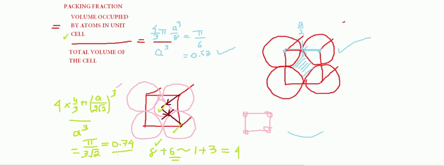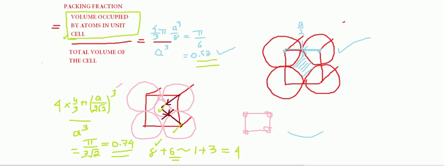We actually guessed that the amount of volume that will be occupied by the atoms will be more, hence the value of packing fraction is more. Why is the value of packing fraction more than the value of packing fraction in simple cubic? Because for packing fraction, this particular value is more. This particular value is more because the volume occupied by number of atoms in the cell was more.